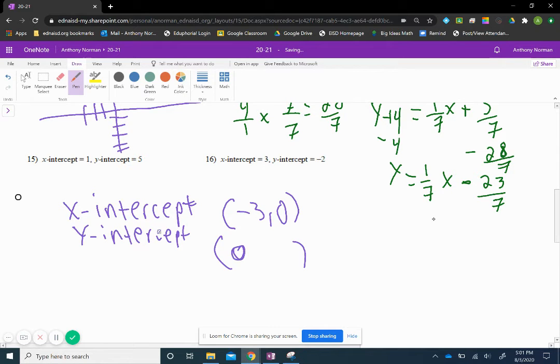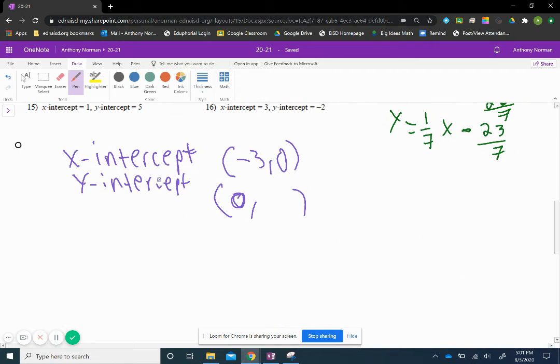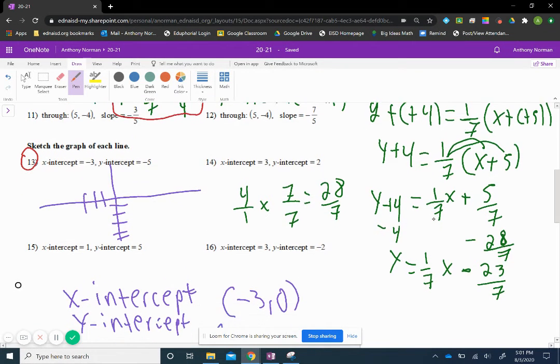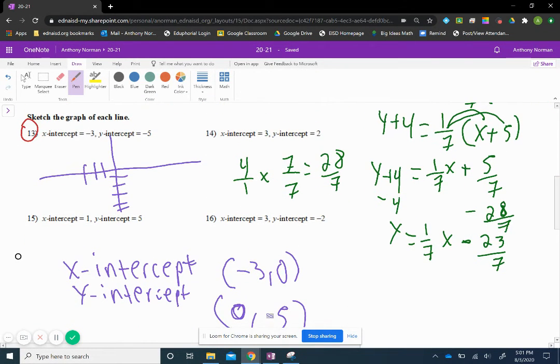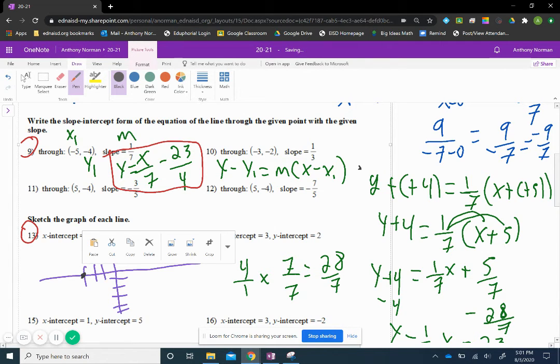X will be 0, and our y will be whatever our y was, which is negative 5. So we can plot our 2 points. One is negative 3, 0. The other is 0, negative 5.